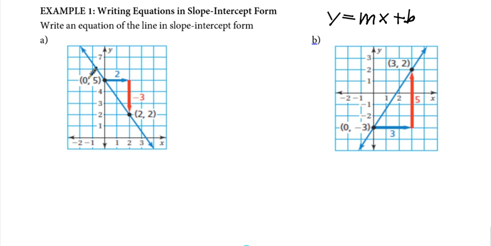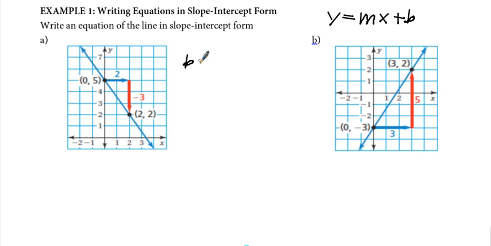And for part A, you need to find the slope and the y-intercept, right? I usually start by finding the y-intercept. I even wrote it in the steps where you want to start graphing by plotting the y-intercept, right? So why don't we write the equation by finding the y-intercept first?